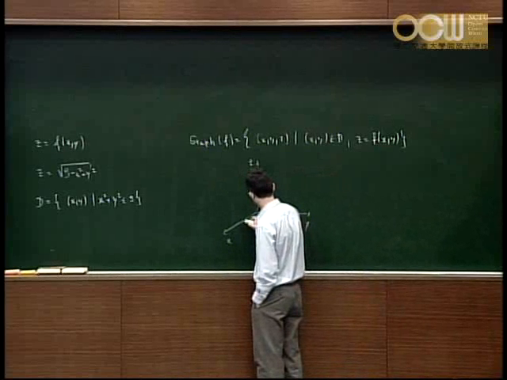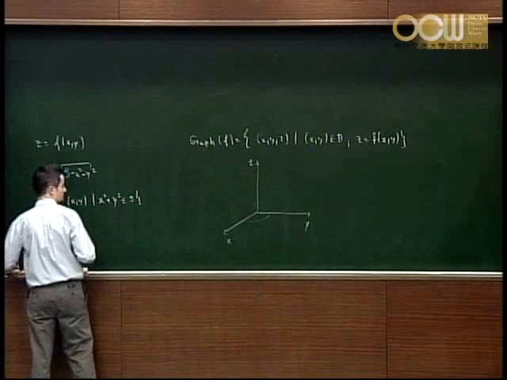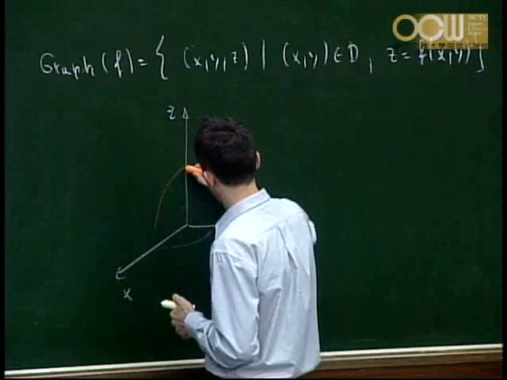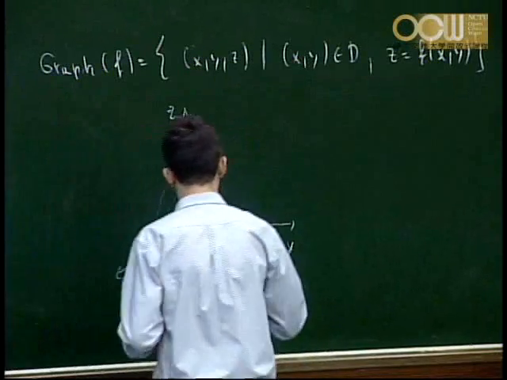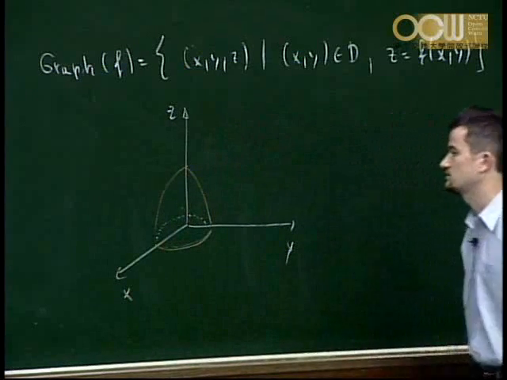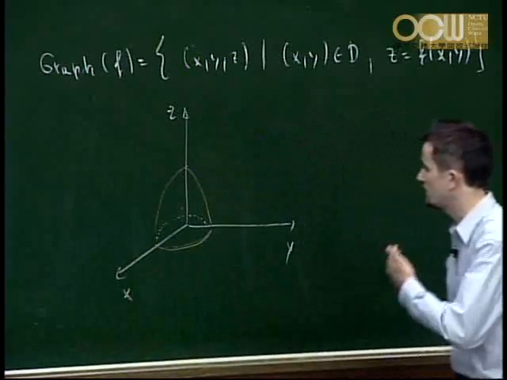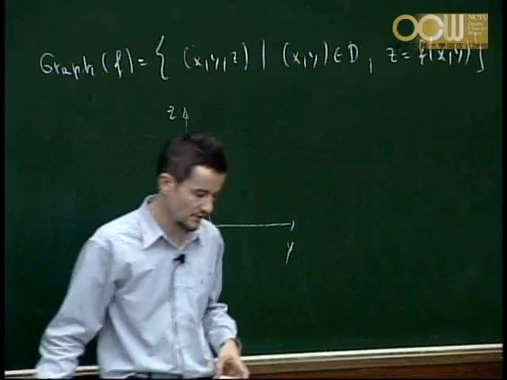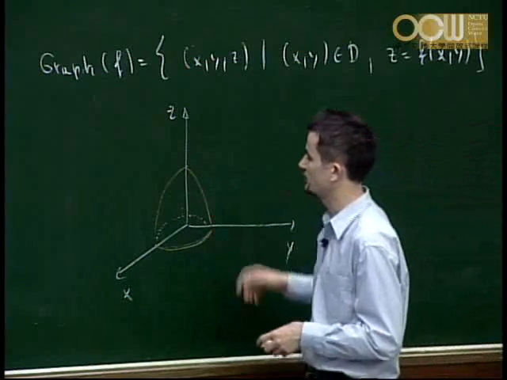So what you are going to do is you plot here the circle with radius r equal to 3. So here you have the point 3, and then you have something like this here. The graph of this function will be given by some part. Actually, this is not really an elliptic paraboloid, it's just some part of the elliptic paraboloid. So you get just this part of the elliptic paraboloid.